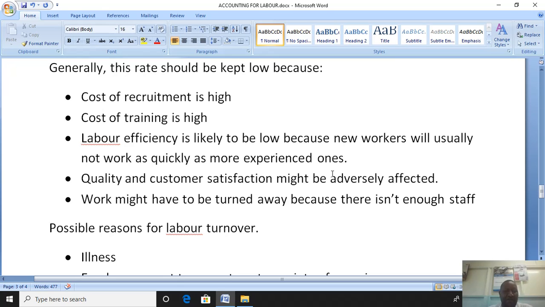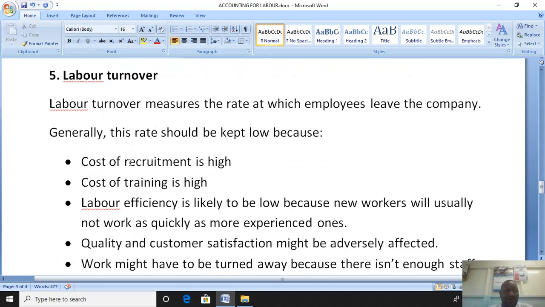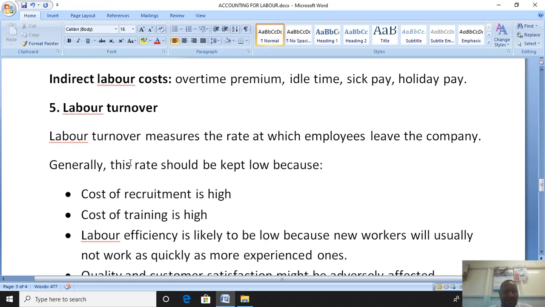Work might have to be turned away because there isn't enough staff when workers leave the organization. So those are some of the labor turnover expenses or costs that the company actually has to incur if there is a high rate of labor turnover. This is the reason why companies must keep the rate of turnover as low as possible.